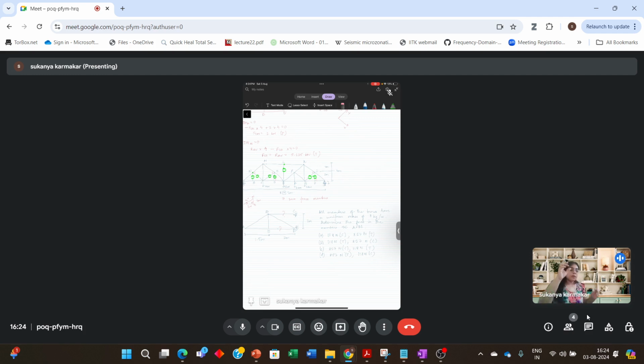Now you can lump this 8L force at the two ends of the member. 50% of the weight will be lumped at one node and 50% at the other node. This is how you can proceed in this question.